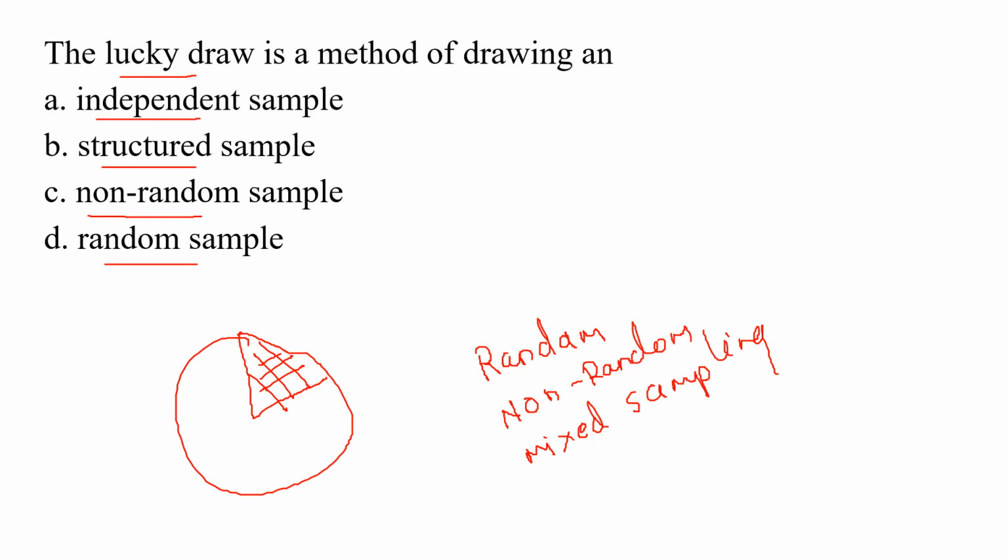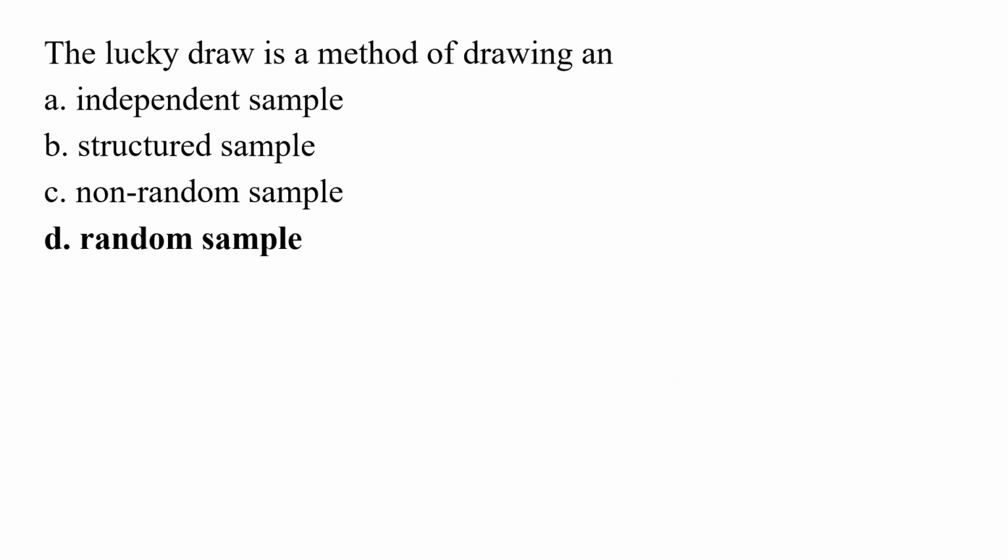Each implies that the probability of selection of each element in the population is the same. Independence means that the choice of one element is not dependent upon the choice of another element in the sampling. In a lucky draw, every person has a chance of getting selected, okay? And because of that, the correct answer for this question will be option D, that is random sample.